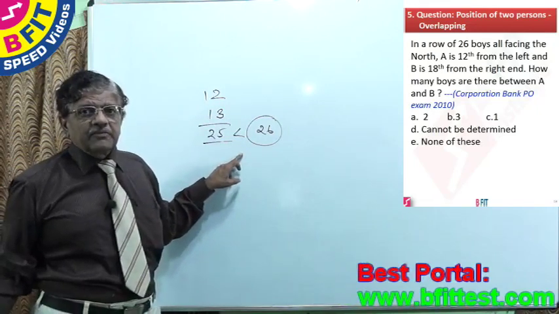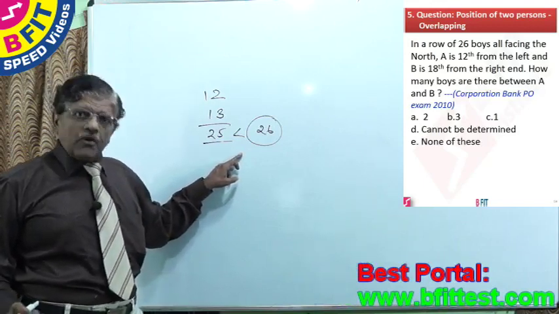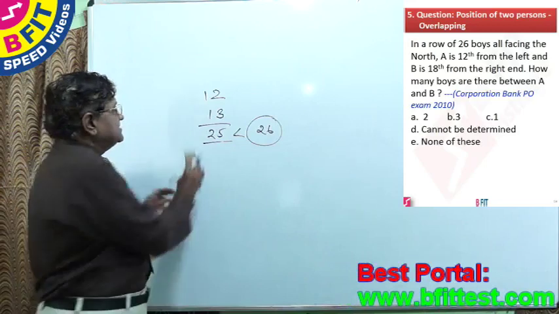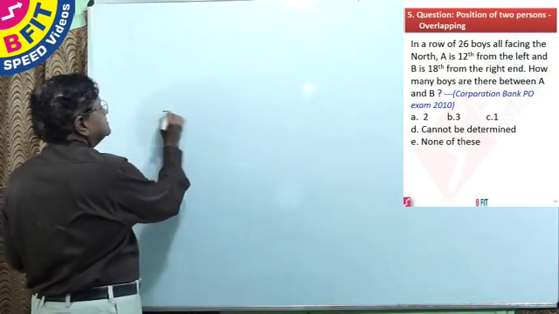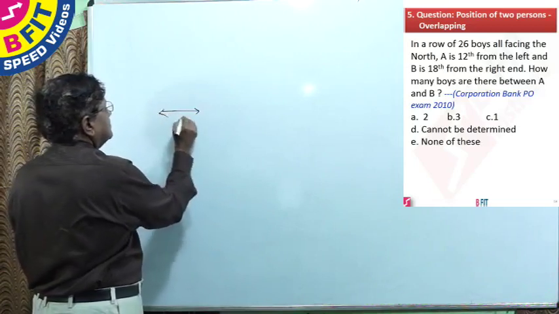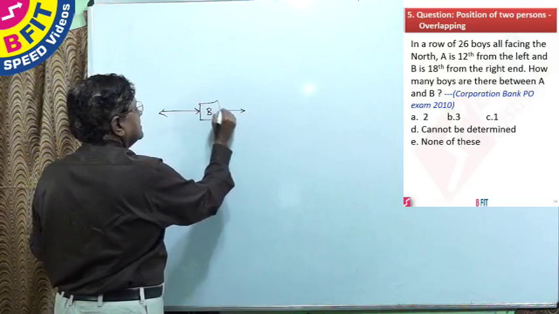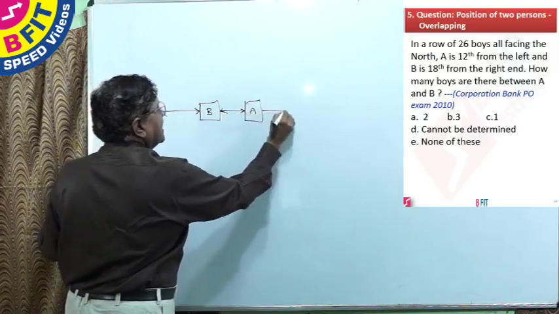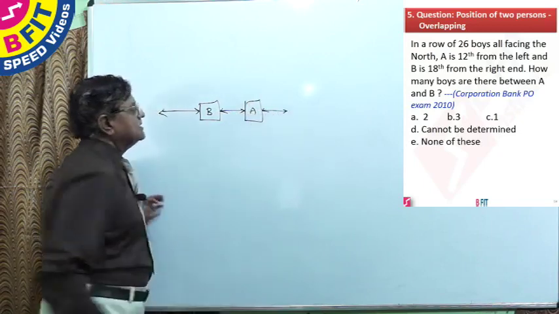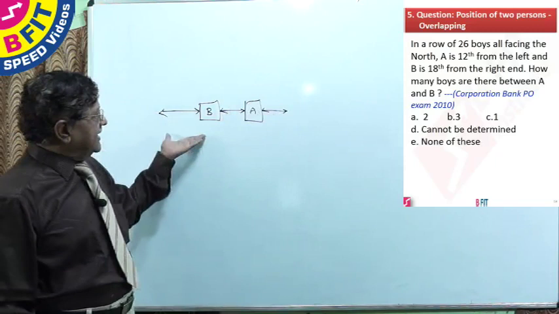Now, if the problem relates to overlapping, how to draw the diagram? It's very simple. You draw it. Put B first, then A. After that, there are some persons. Now, let us plot the data into this diagram.